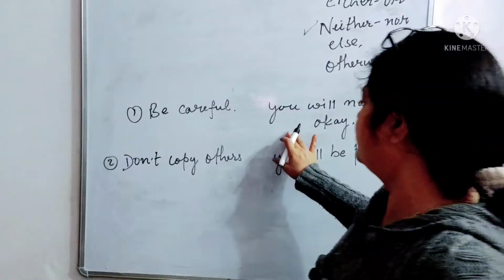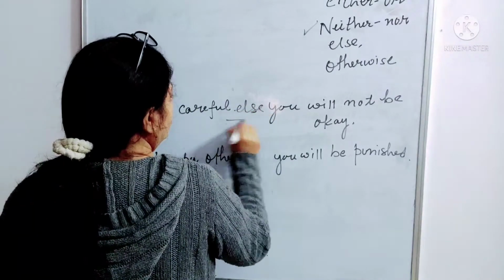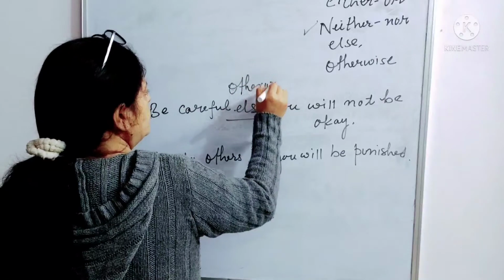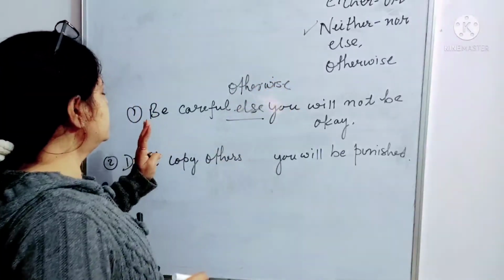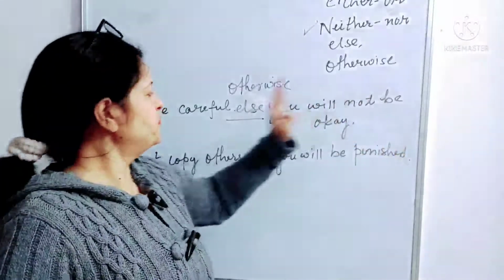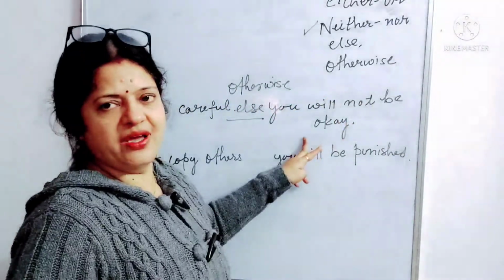So here we will write else, or we can write otherwise too. So the sentence is, be careful, otherwise you will not be okay. Be careful, else you will not be okay.